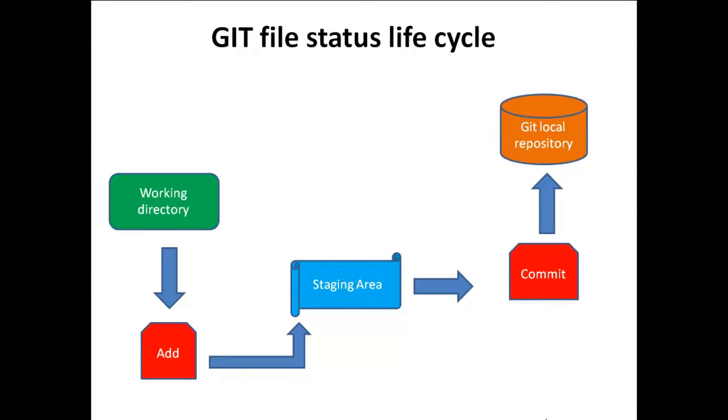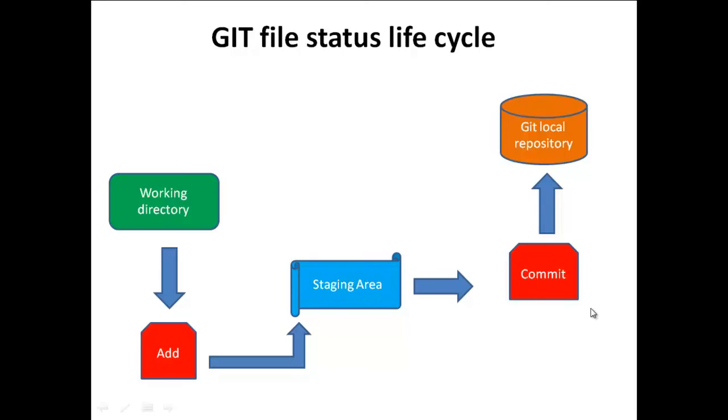Once they are in the Git local repository, from there we need to push this code to the Git centralized server, the GitHub server. So this is the entire Git life cycle, for our working directory to be committed onto GitHub via the Git client.